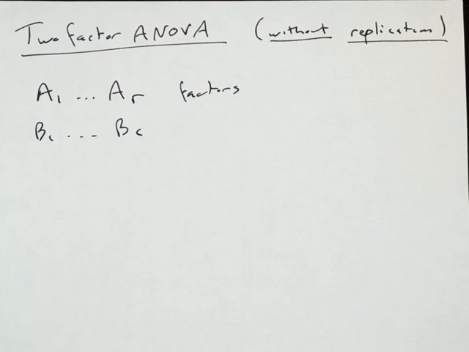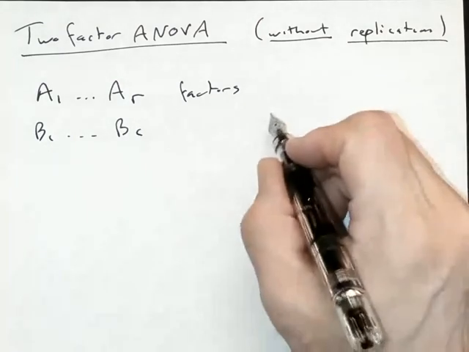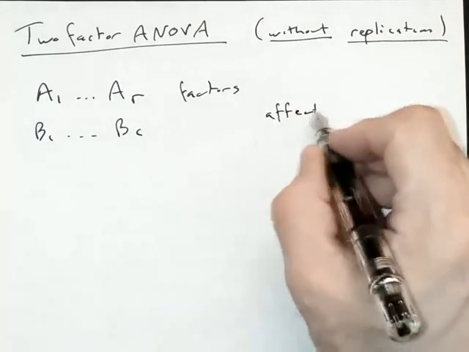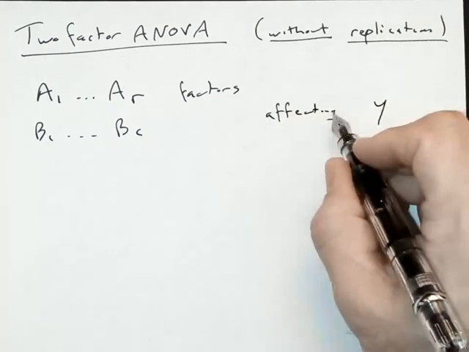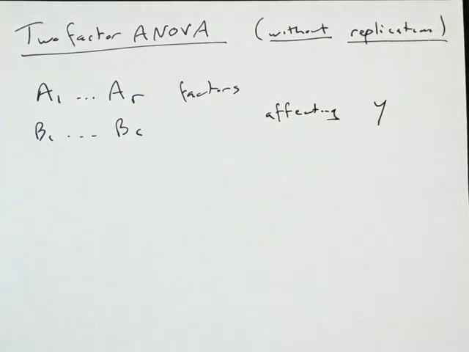I have A1 through AR and B1 through BC, and they affect my response variable Y. And I only get one possible sample for each combination.